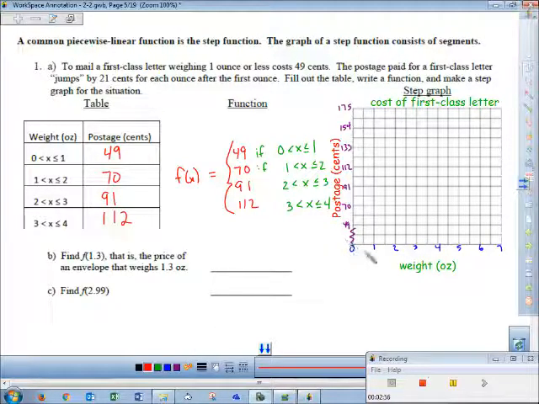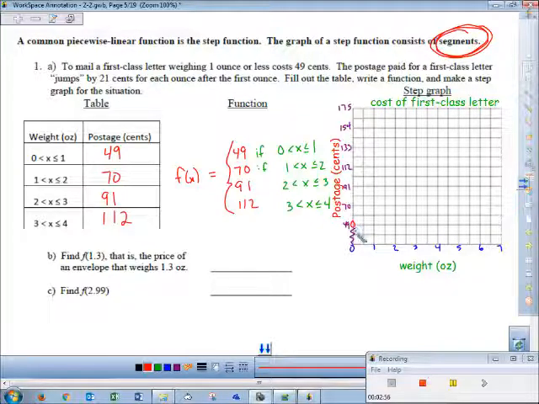So here's our step function that we're going to make right here. The step function, again, is going to be made up of those segments. It's just something you've got to see until we get good at it. So basically, if the weight of our letter was 0, meaning we had nothing, we wouldn't pay anything, so we've got ourselves an open dot right here, meaning this doesn't count.